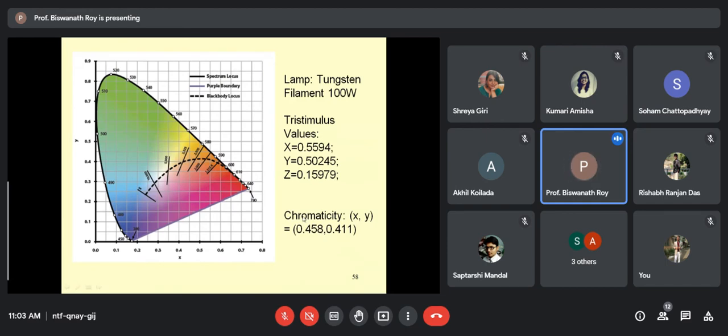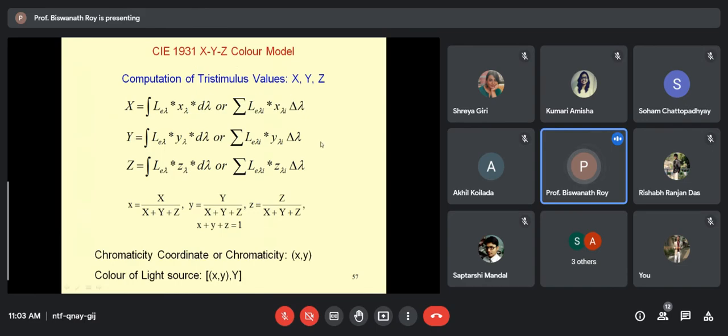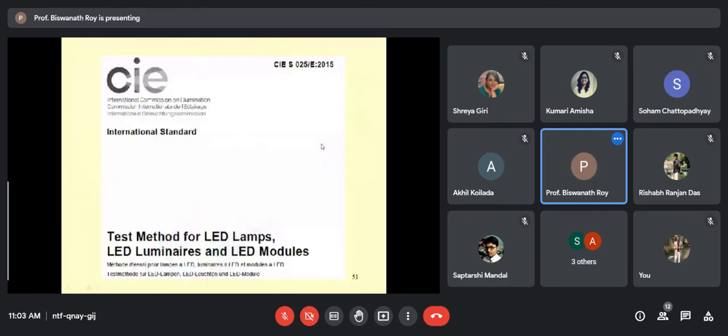With the help of this diagram, এই diagram ছাড়া possible না. If the diagram is available with us, and if a chromaticity of any light source is given to us, then we can have the impression of the color of the emitted radiation by plotting the chromaticity on this diagram. So যখন আমরা chromaticity বলি, it is actually color coordinate.